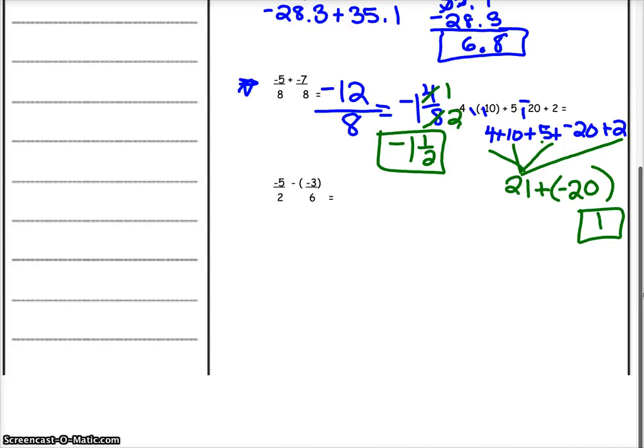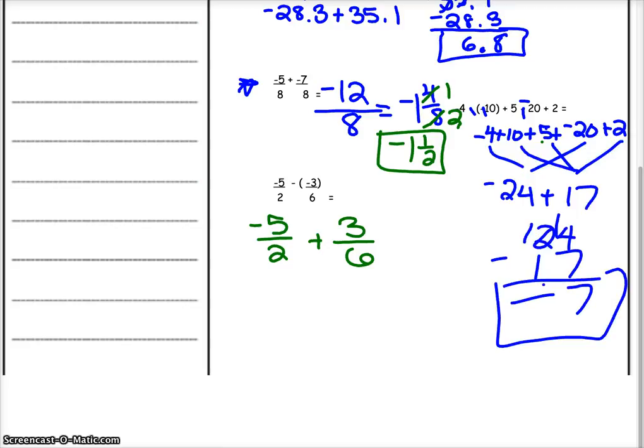I see a minus a negative on this next one. So I rewrite it to plus. Okay, I'm going to get a common denominator. I try, if I cannot change both, that's the route I go.